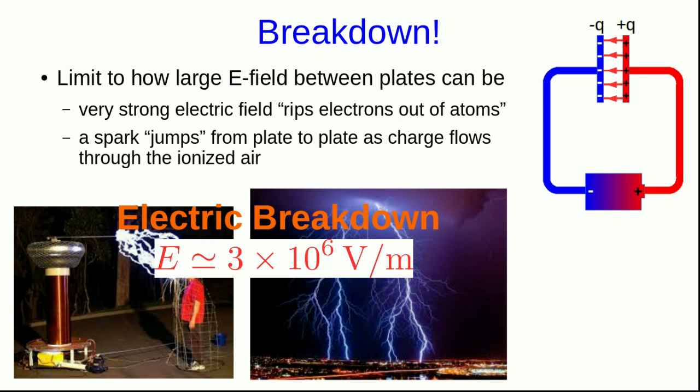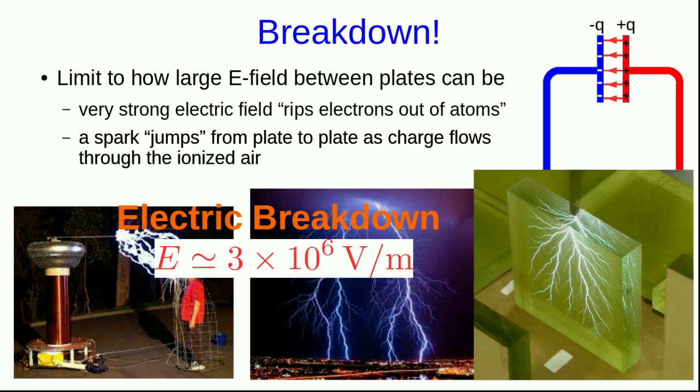If we exceed that, we will simply not store charge on the plates because we'll get a spark jumping. By the way, this doesn't just happen for air, it happens for any material, although the breakdown electric field is different for different materials. For example, in a plastic, breakdown can occur and a spark will jump through the plastic, melting the plastic and destroying it in the process.